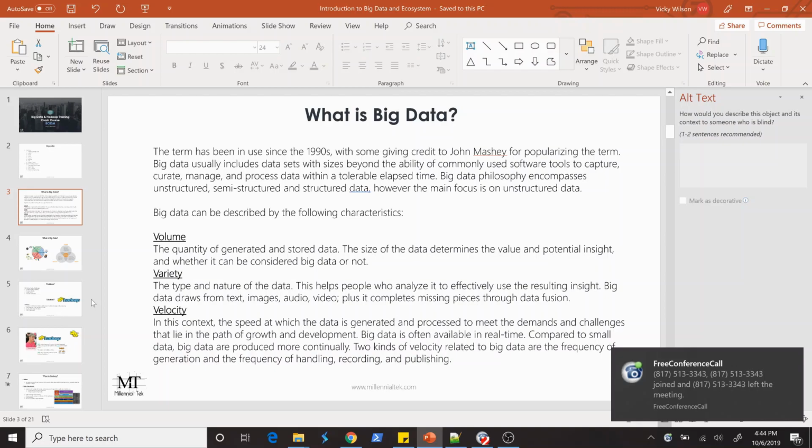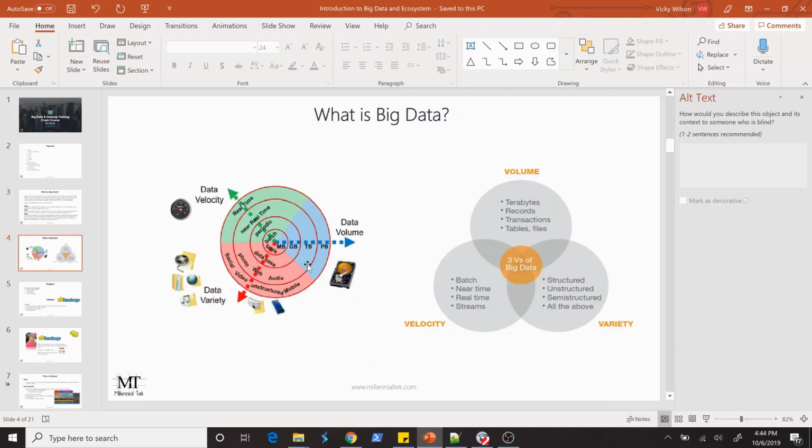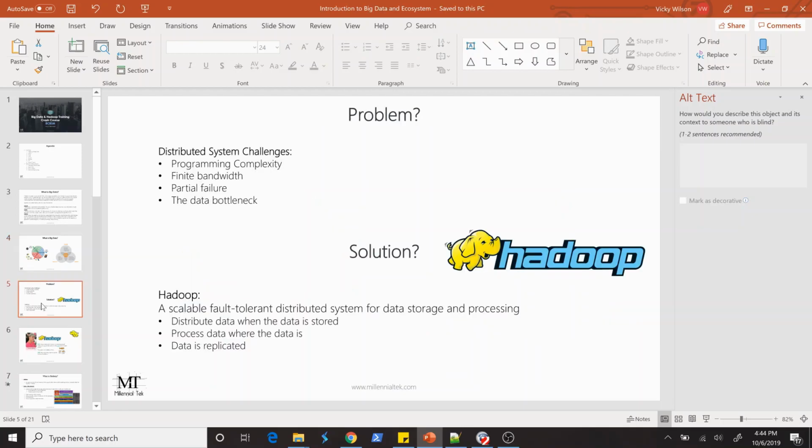Basically, Hadoop was designed to address the problem of high-end computing costs, to solve all these data-related problems with cheap, reliable systems that everyone can afford.